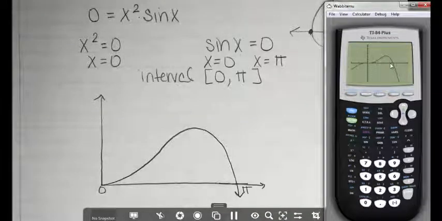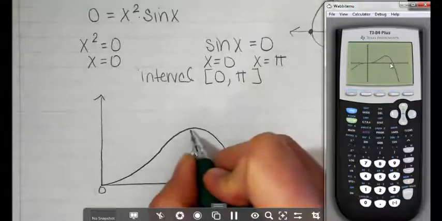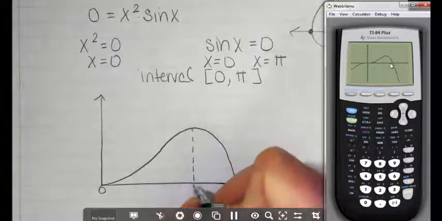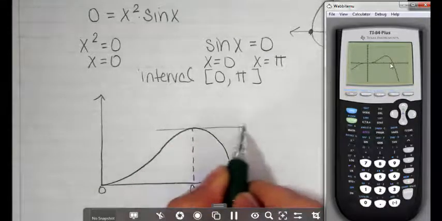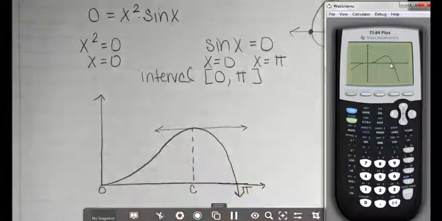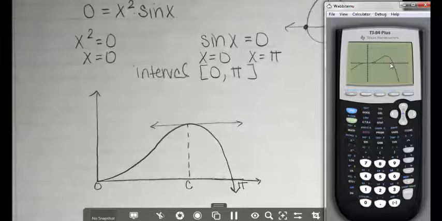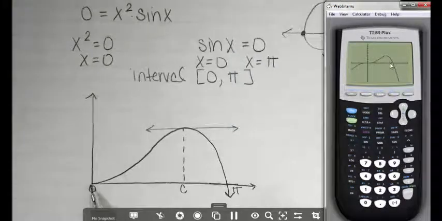Okay, and we're looking for a place in the middle, so we're looking for what is this value here, where I can then draw a tangent line with a slope of 0. All right, so looks to me like the conditions are true, right? We're continuous, we're differentiable, and then we also have our endpoints that are both zeros.